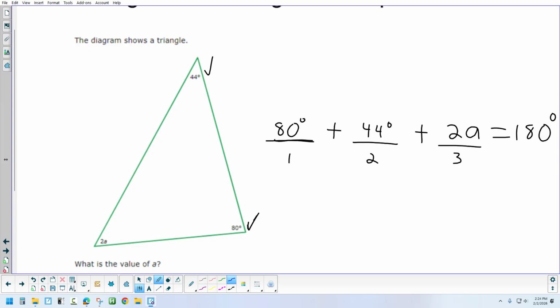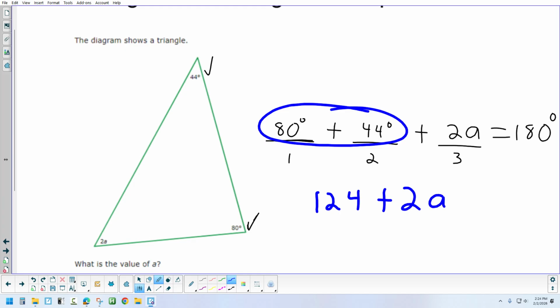What are my like terms that I could add together in this equation? 80 and 44. Yep. And anybody know what we get if we add 80 and 44 together? 124. 2a is going to stay right where it is, and the 180 stays right where it is.